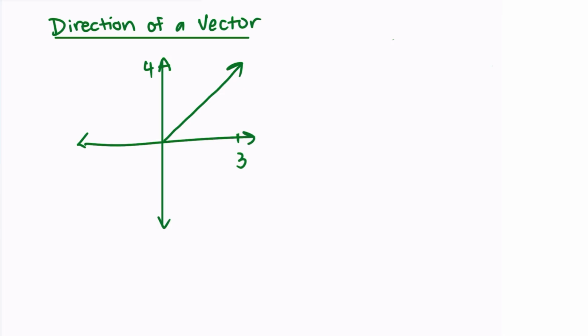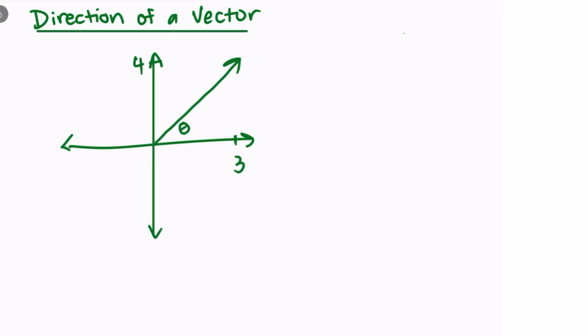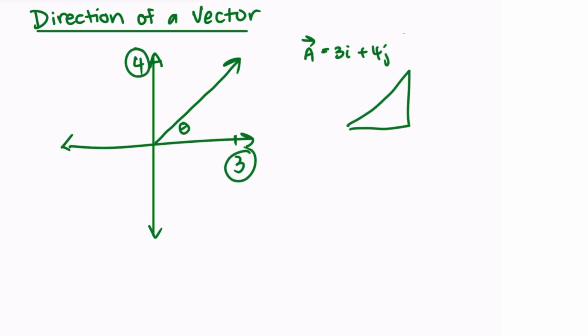The next thing that we're going to cover is the direction of a vector, which we can easily denote by the angle theta. In order to find the direction, we can think of the vector as a right triangle. Here we're dealing with vector A, which we can denote as 3i plus 4j, given by the coordinates that were given. Now, thinking about it as a right triangle makes it so much easier to get the answer.